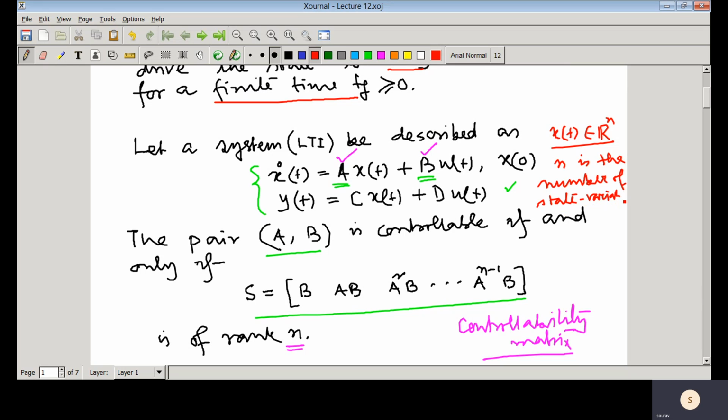If the system has n state variables, then A should be an n cross n matrix, B should be an n cross r matrix.